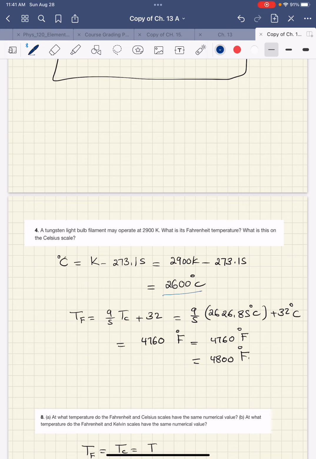And also for the first part, I used TF, the temperature in Fahrenheit equals 9 over 5 temperature in Celsius plus 32. Then I was able to solve and find that it is 4800 Fahrenheit.